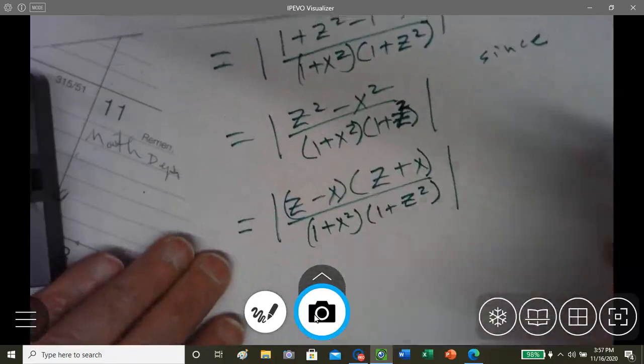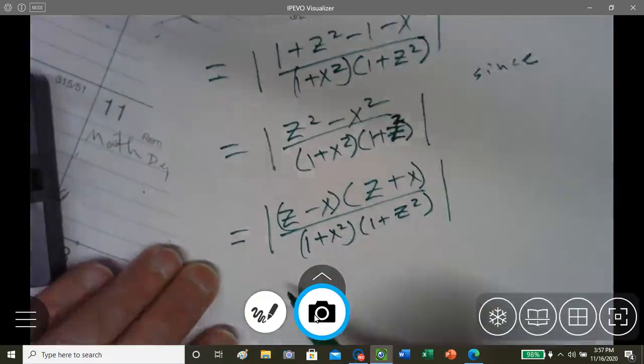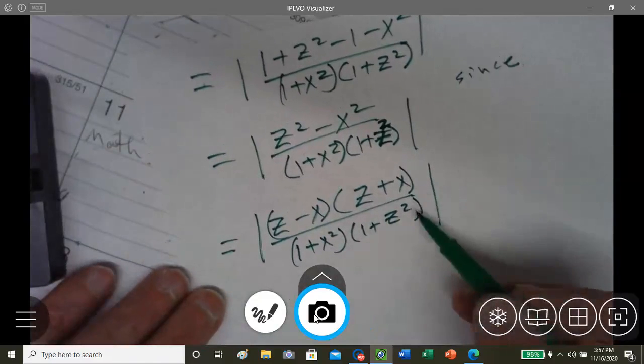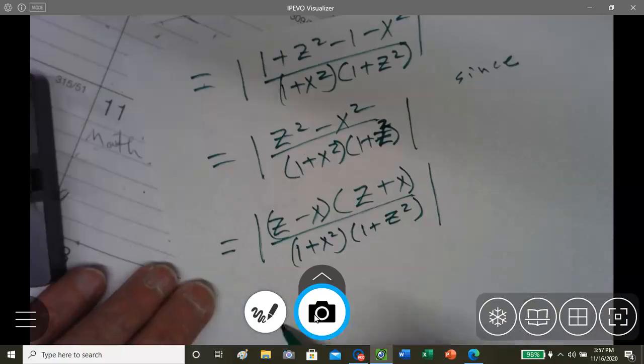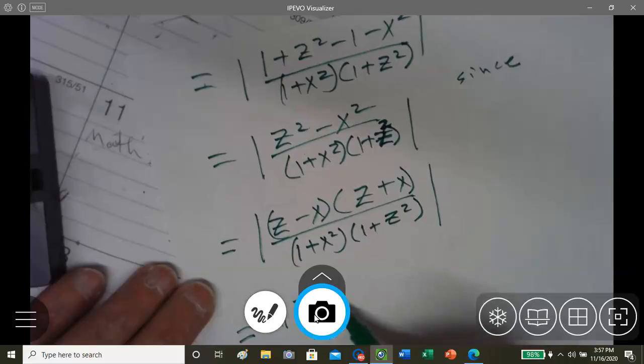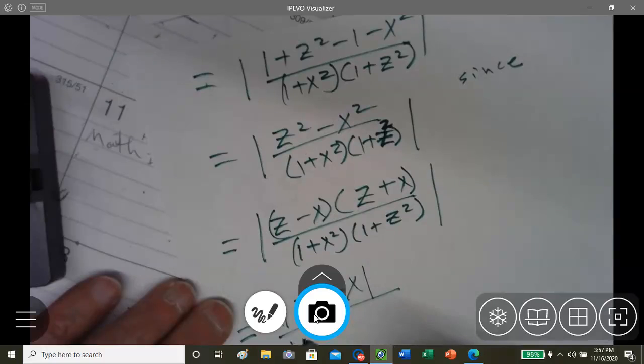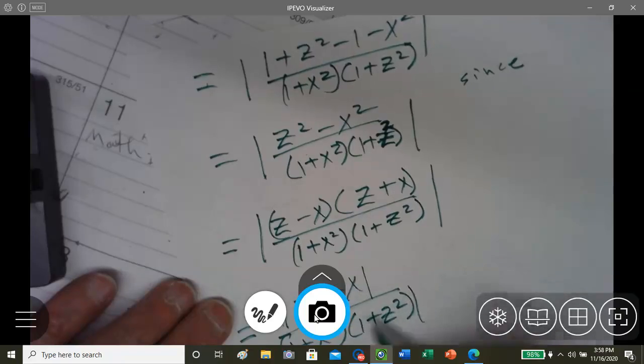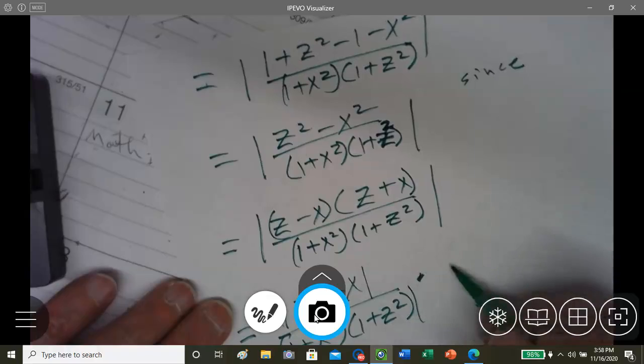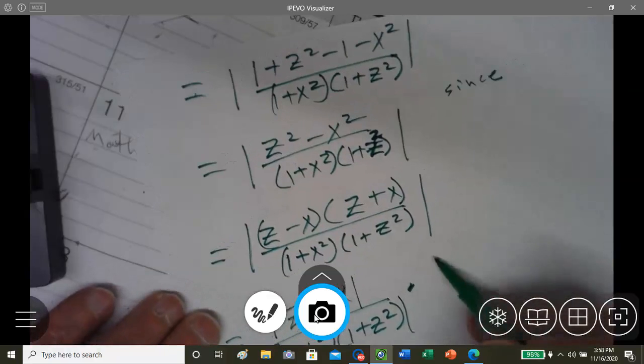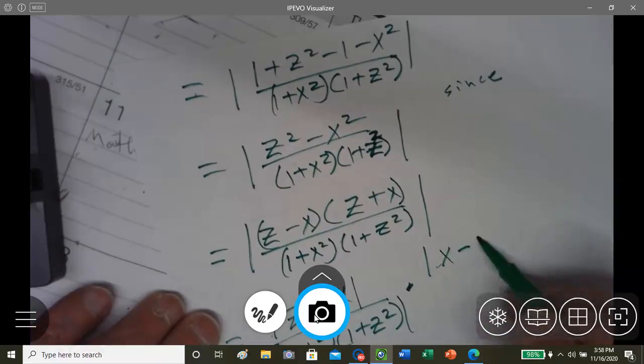And so from there, we can break this off: z plus x over 1 plus x squared times 1 plus z squared, times x minus z.